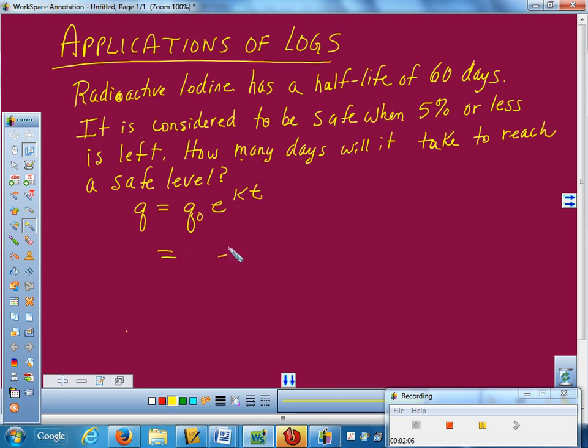To find K, I have to know some time frame. What is the only time frame I know? I know half-life. I know time is how many days? 60. Okay, but you have to know a starting amount and an ending amount. They didn't tell us how much we have. It can be any amount.